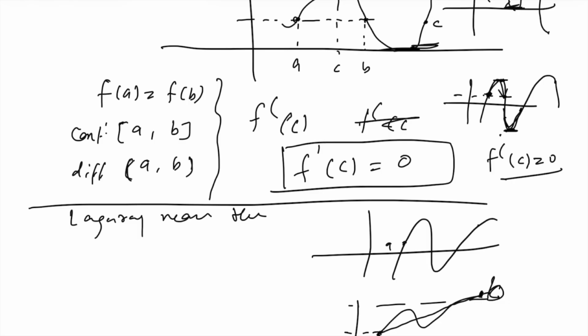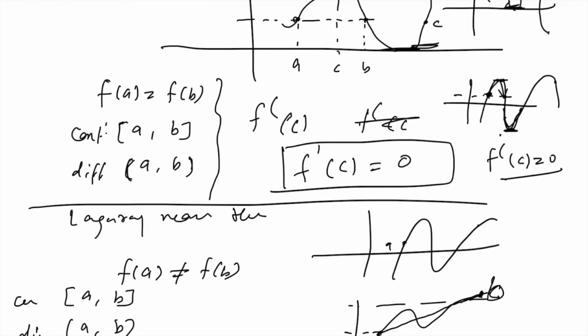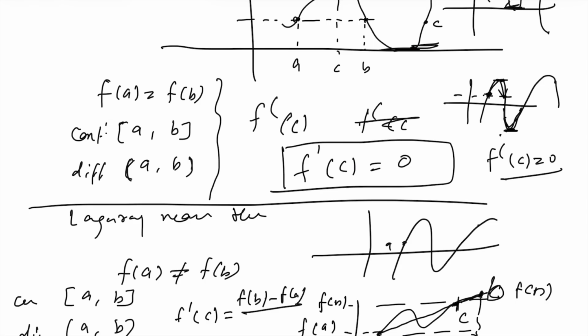He said, even if we have such a case that f(a) does not equal f(b), but the condition should be met, that it is continuous on [a, b] and differentiable on (a, b), then there also would be a point c where you can simply find the slope by using a simple geometry formula: this would be f(b), and this would be f(a). So f(b) minus f(a) upon b minus a.